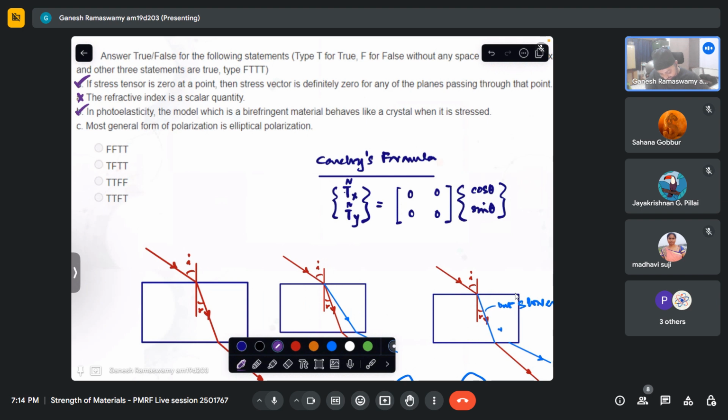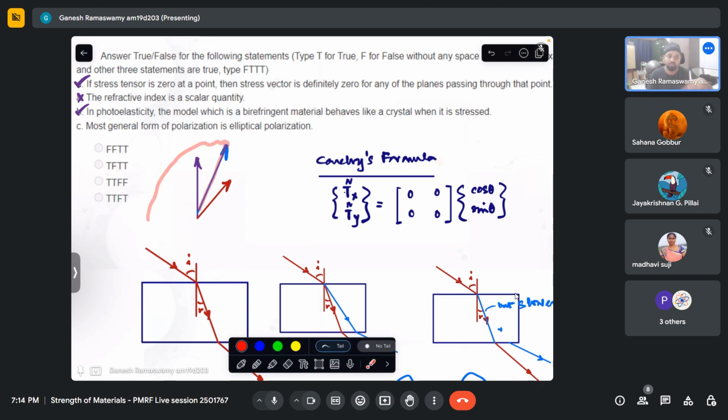So the most general form of polarization is elliptical polarization. Basically, what this means is, we discussed that the light was getting split into two light vectors. If I have two light vectors like that, the resultant of these two will be somewhere over there. If the magnitude of this light vector keeps on changing and the magnitude of that light vector keeps on changing, then naturally this tip is going to move along a path.